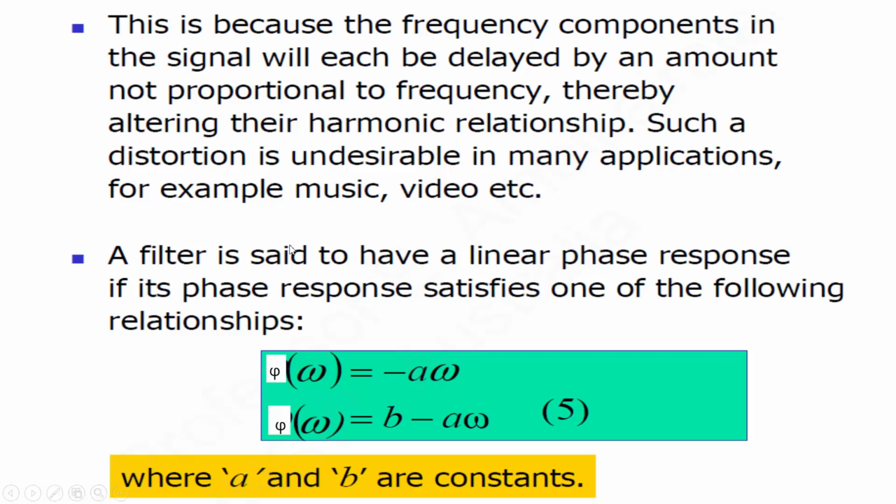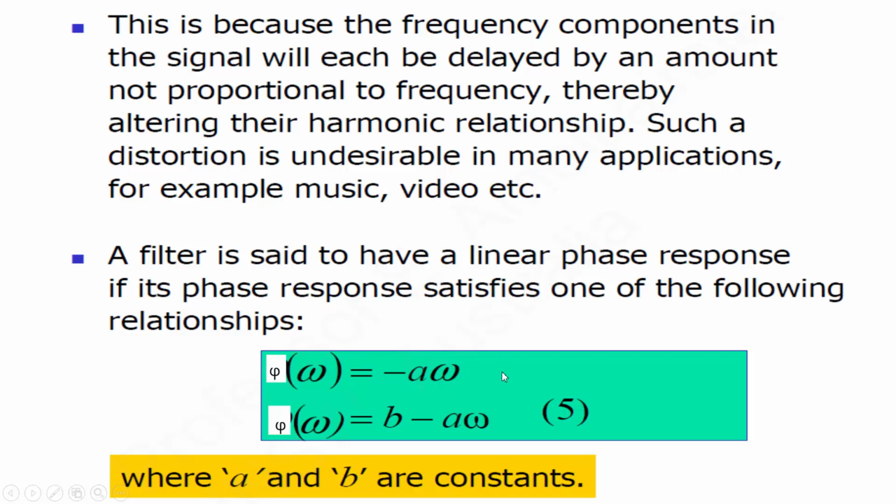Now, the question is how to test whether a system has a linear phase response or not. A filter is said to have a linear phase response if its phase response satisfies one of the following relationships. Phi of omega is equal to minus a omega, or phi of omega is equal to b minus a omega.